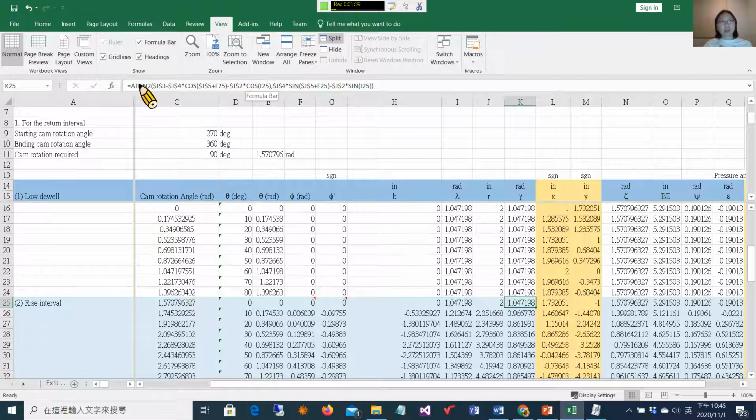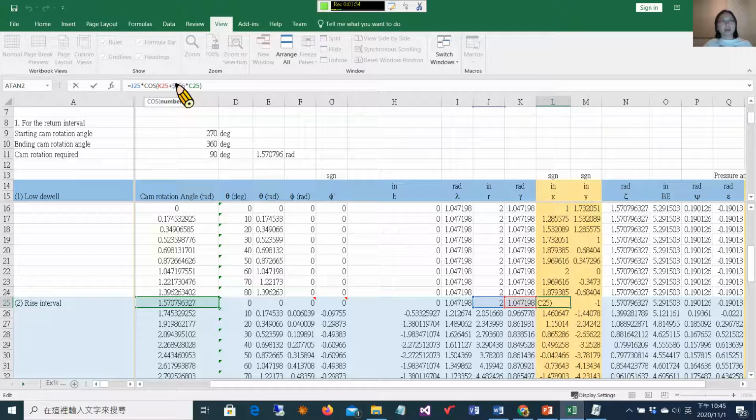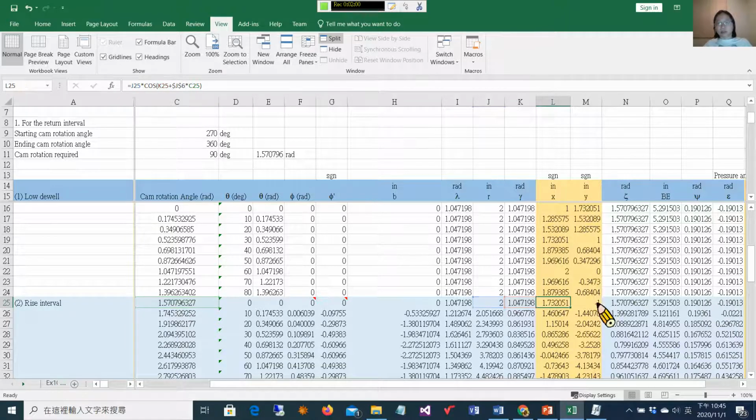We also use an arctangent tool. And for X, here. You can see the theta needs to consider the variable SGN here. And the Y here.